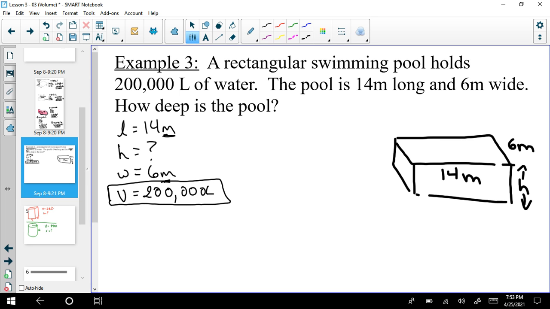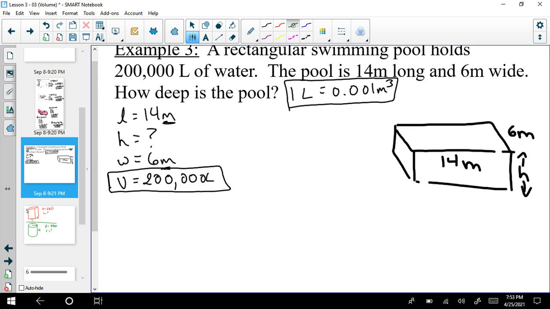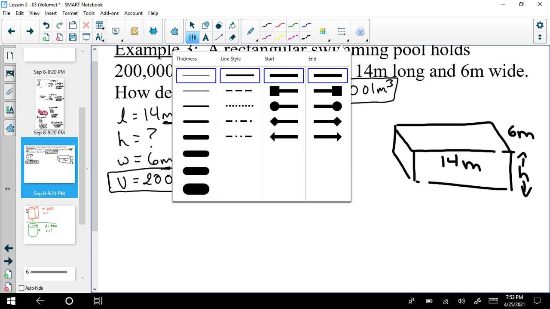Okay, so the conversion that I have here is that for every 1 liter, it equals 0.001 meter cubed. Okay, so that's our conversion. So we now need to convert our volume in liters into meters cubed because we need to find the height in meters.